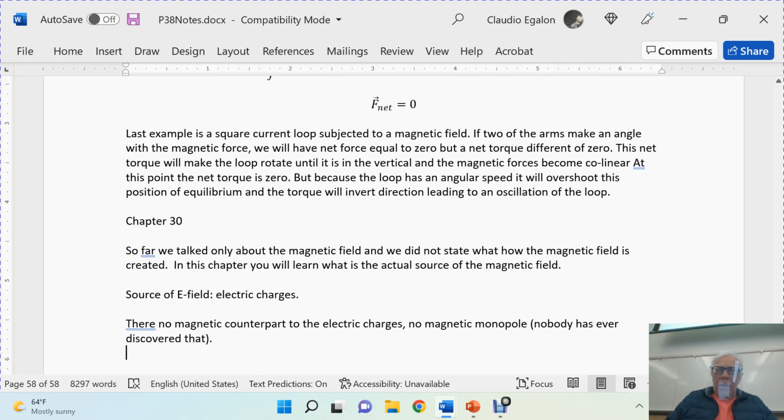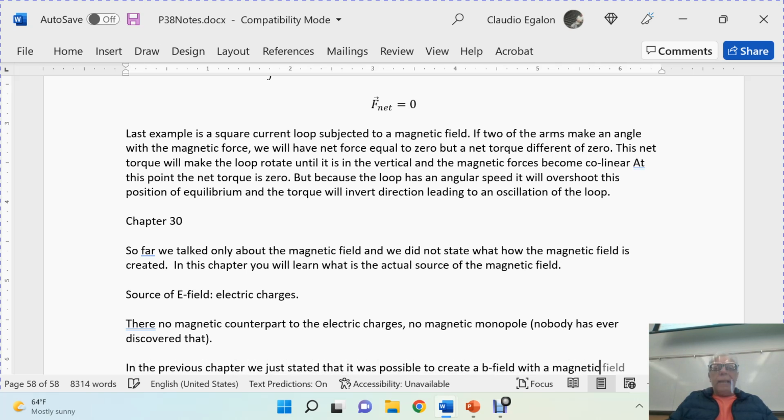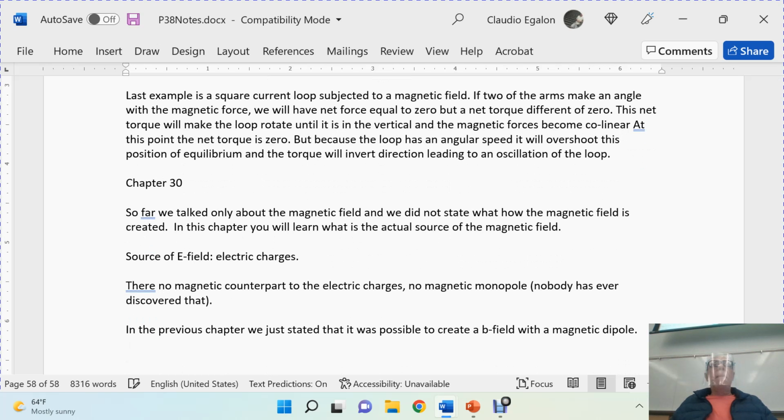So in the previous chapter, we just stated that it was possible to create a magnetic field, a B field, with a magnetic dipole, a magnetic bar.